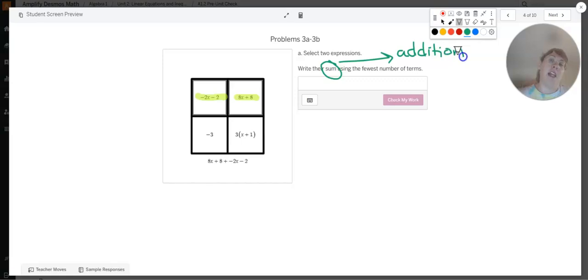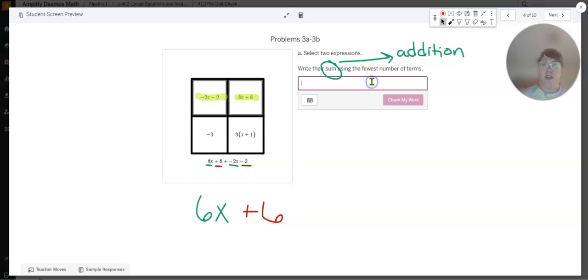When we're combining like terms, we have an 8x and a negative 2x. So 8x minus 2x is 6x. And then we have a positive 8 minus 2, which is 6. So we have 6x plus 6. Check my work.